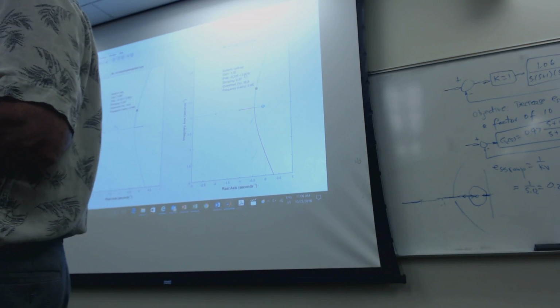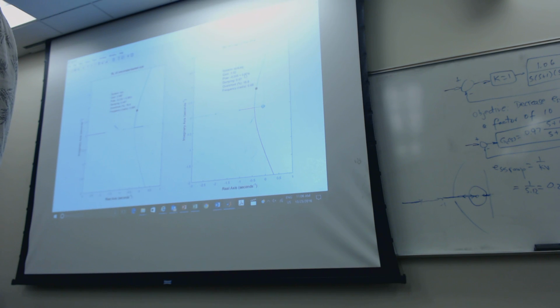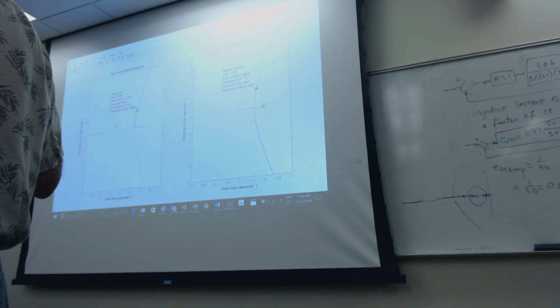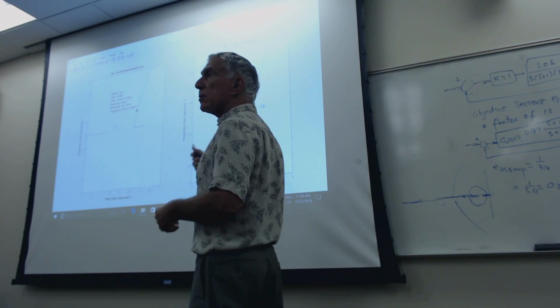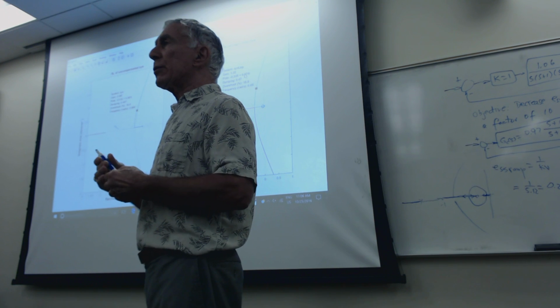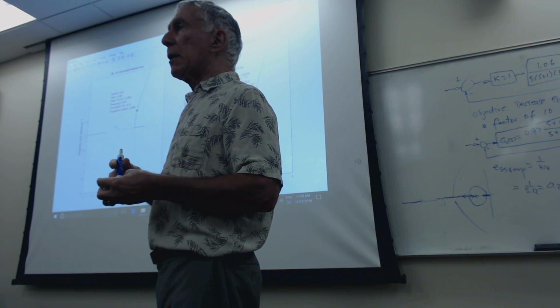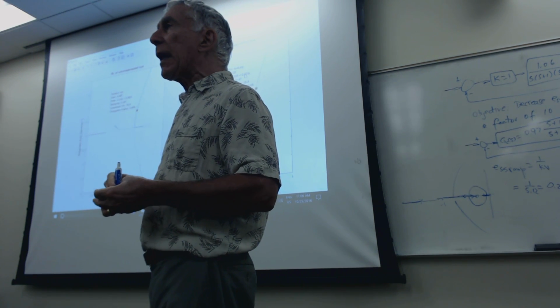As far as percent overshoot, does it matter as much for percent overshoot? Because it seems as though when you do the lag compensator, you're increasing the overshoot. In fact, that's true. The overshoot increases with lag compensation.